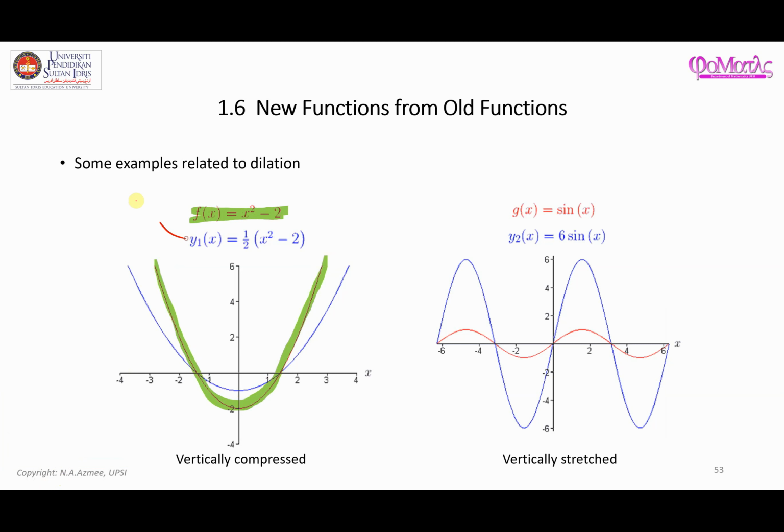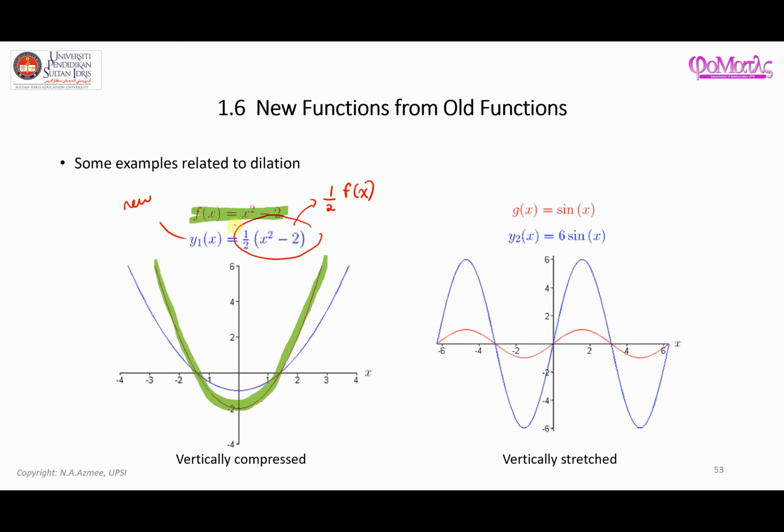There is a new element here, a multiplication of f(x) with a constant, so 1 over 2 times f(x). So this is f(x).